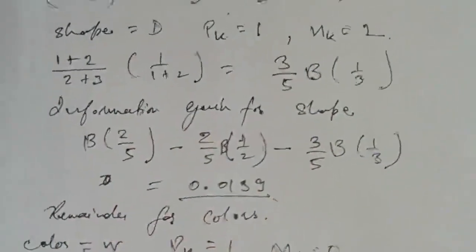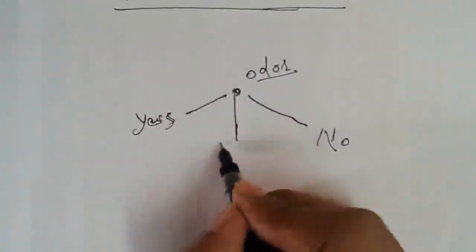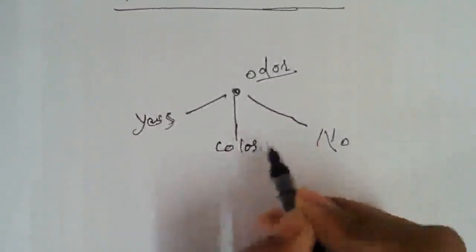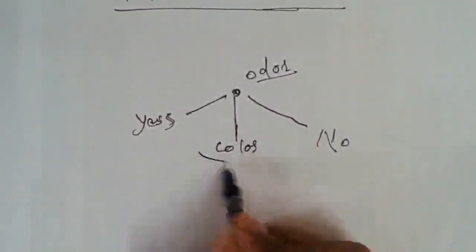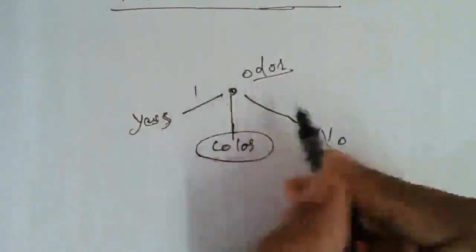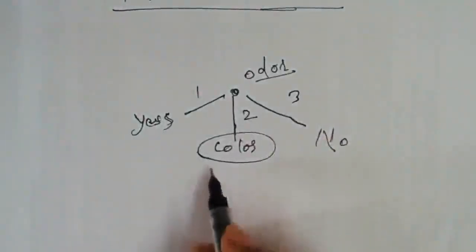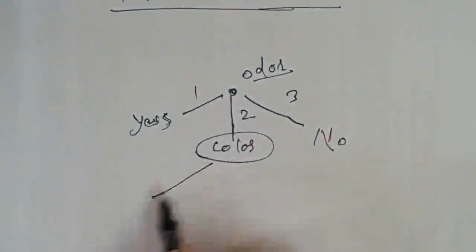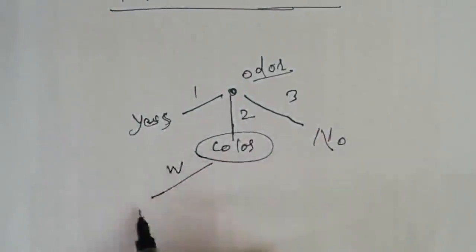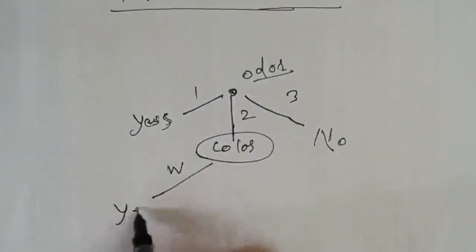Then we again carry the same procedure, and what will we find? The final decision tree will be like this: we find that color has more values. This is 1, this is 3, this is 2. Again in color, once we decide the color, we have certain events. If color is equal to W, then it is yes.